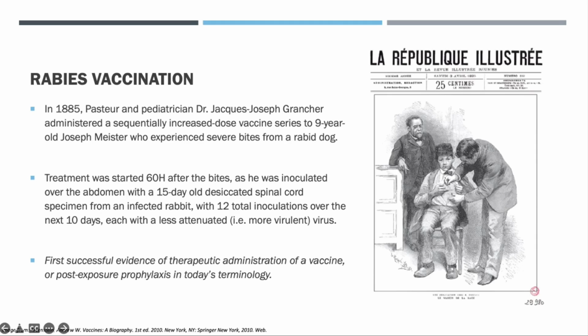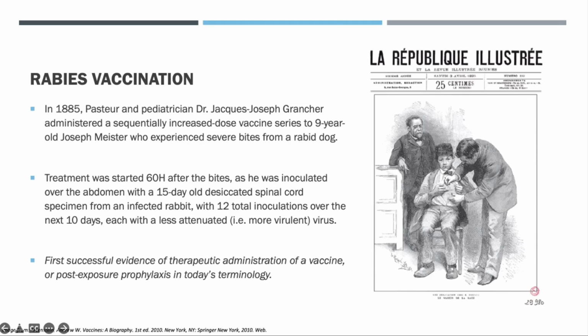And Pasteur, along with a pediatrician, administered a vaccination series to the boy. They started 60 hours after the bites. He was inoculated over the abdomen with a 15-day-old desiccated spinal cord specimen from an infected rabbit. And then he progressed to do 12 total inoculations over the next 10 days, each with a more virulent virus.